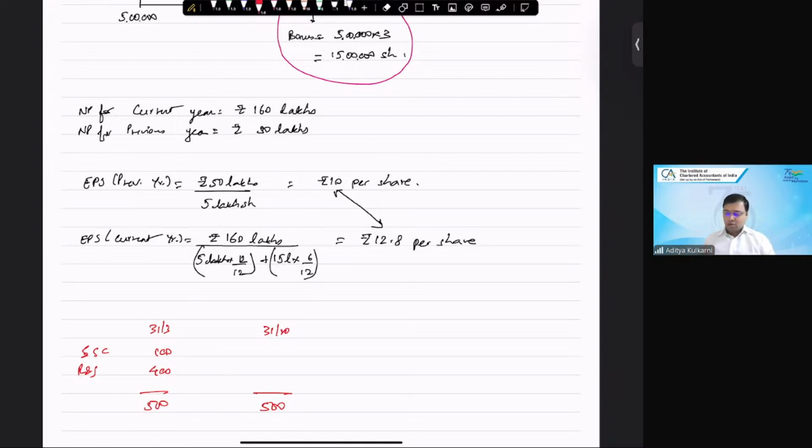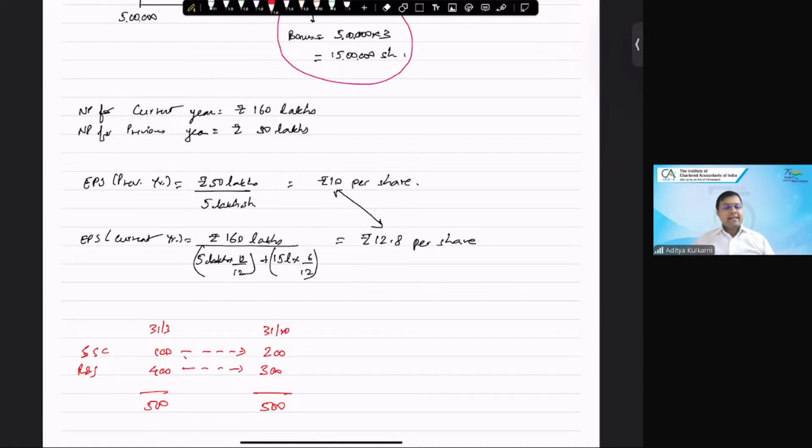Now, when I issue bonus, what will happen? At the most, equity capital becomes 200, reserves and surplus becomes 300. Do you agree? 100 will become 200. 400 drops to 300.